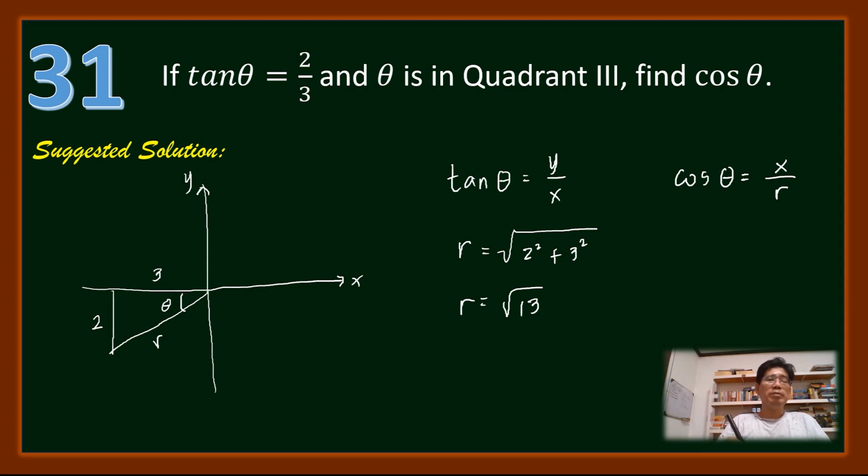Since the end of the radius vector is in quadrant 3, then the coordinates of the endpoint must be -3, -2. So the x-coordinate is -3, then we have -3 over the square root of 13. Rationalizing the denominator, we have -3 square root of 13 over 13. That is cosine theta.